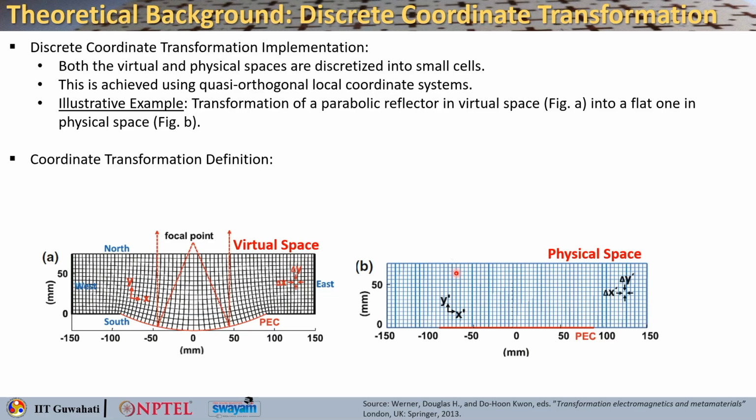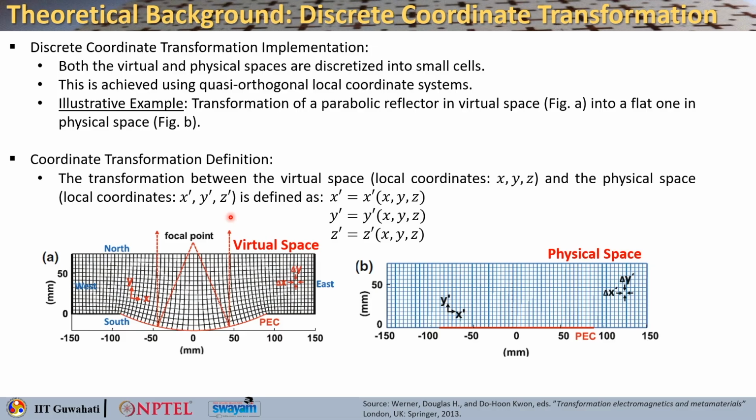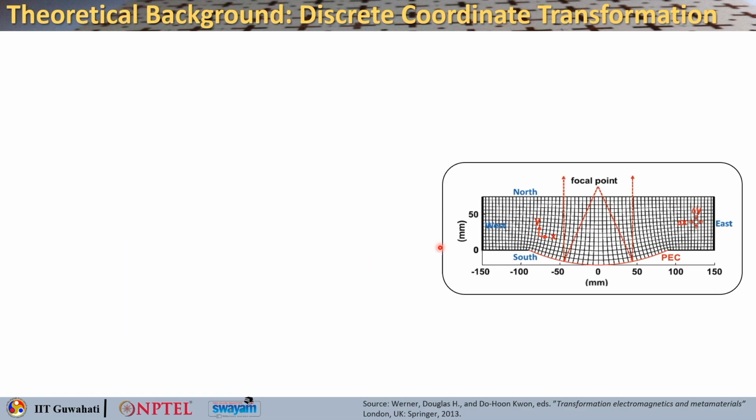So, what will be the definition of this coordinate transformation? The transformation between the virtual space, which has local coordinates x, y and z, and the physical space, which has local coordinates x prime, y prime and z prime, can be defined like this: x prime is a function of x, y, z, y prime is also a function of x, y, z, and z prime is a function of x, y, z again.